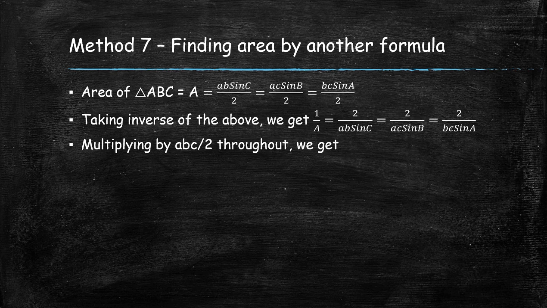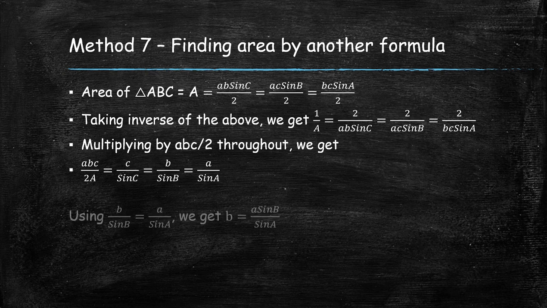If we want to remove it, we multiply by ABC by 2 throughout. So 1 by A into ABC by 2, 2 by AB sin C into ABC by 2, 2 by AC sin B into ABC by 2, and 2 by BC sin A into ABC by 2, and we will get ABC by 2A, that is, 2 times the area, is equal to C by sin C equal to B by sin B equal to A by sin A.